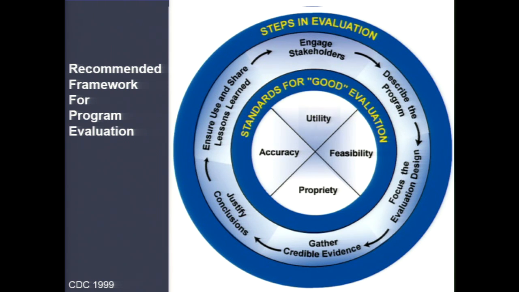So I want to begin very briefly and quickly, just because I think this is an important step and I don't want anyone to think that it's not, with the idea of engaging stakeholders. So, who are the main users of the evaluation? Not so much who is going to conduct the evaluation, but who will be using the results of the evaluation.